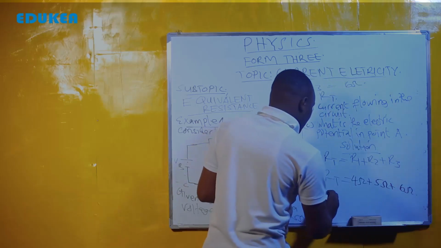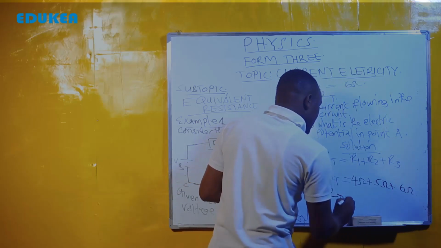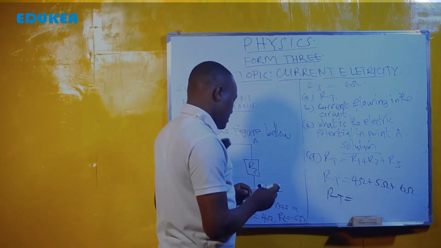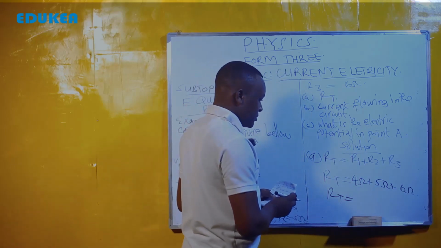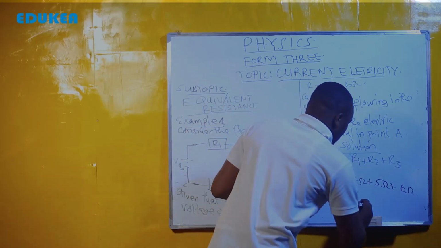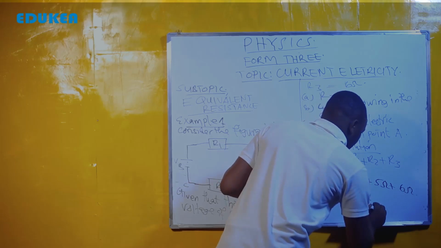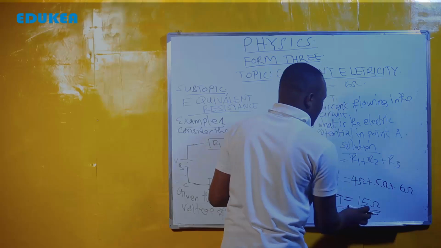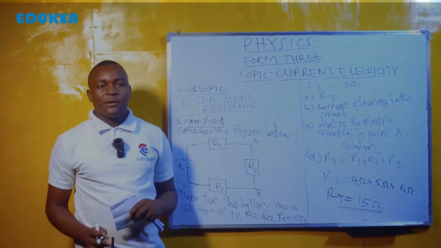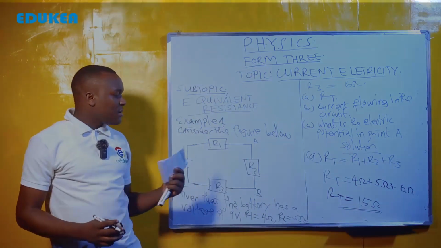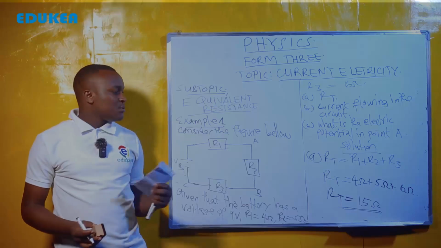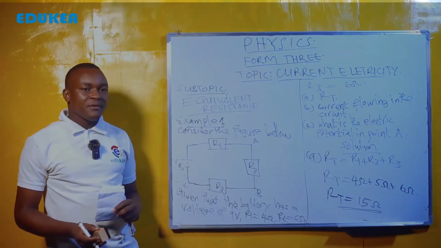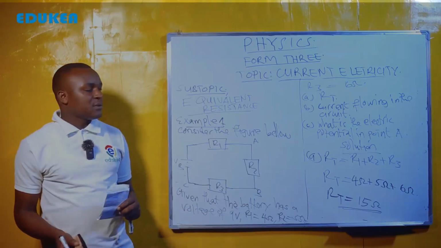If you add, you will get R total equal to 15 ohm. That is the value of the equivalent resistance, because our resistances are in series, so you can calculate by using the formula for resistance in series.